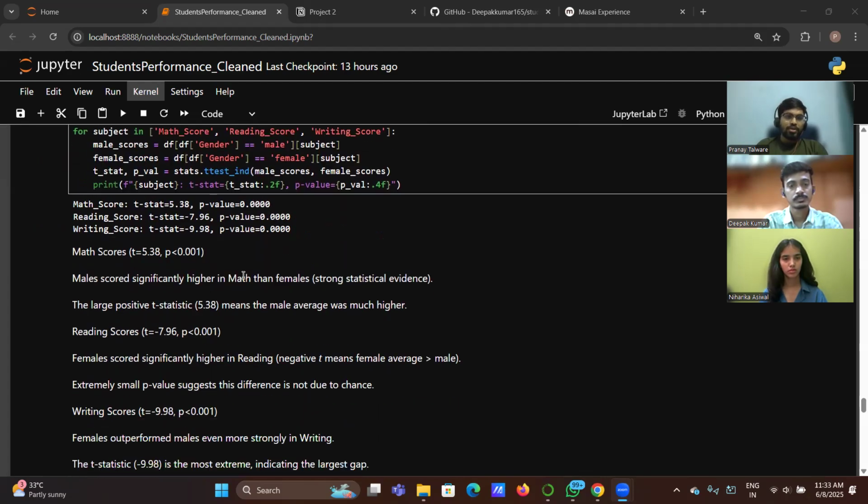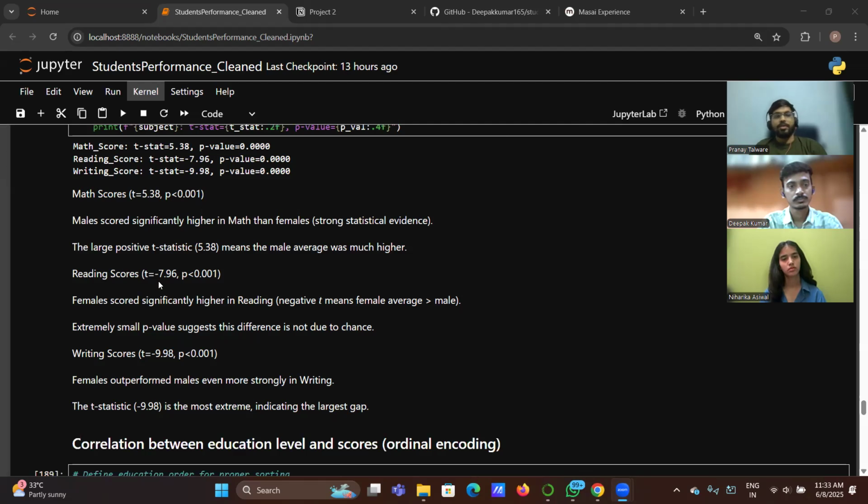By using the T test, we can say that males scored significantly higher in math than females, because it has a statistical value of 5.38, which is considered good enough, and the probability is slightly lower. So men score higher in math as compared to females, because of those statistical scores.